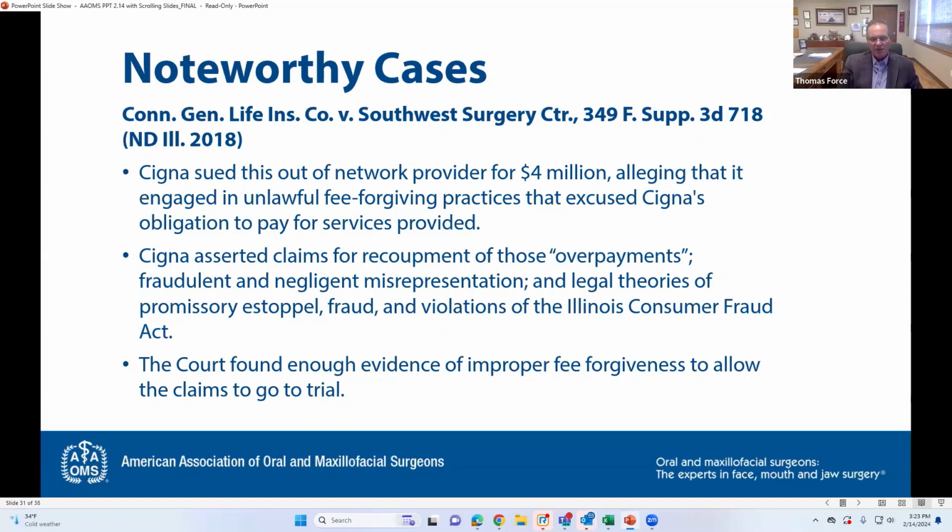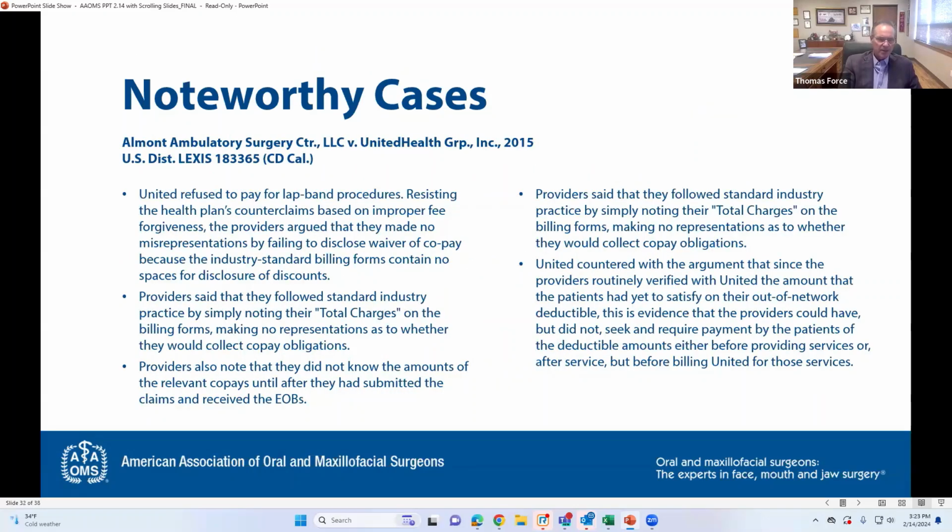The court found enough evidence of improper fee forgiveness to allow the claims to go to trial. So unlike the North Cyprus case, this court said there's enough evidence of fraud to go to trial. Likely there was a settlement and Cigna probably recovered a substantial amount of money from Southwest Surgery Center, I would think. Here's a couple other cases.